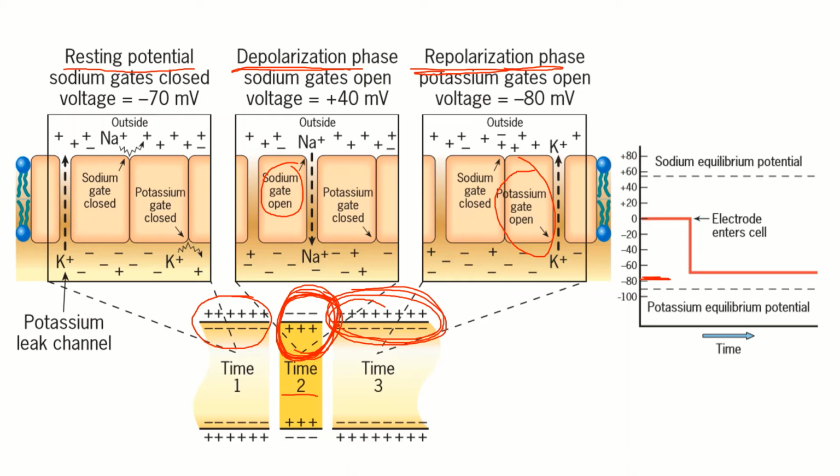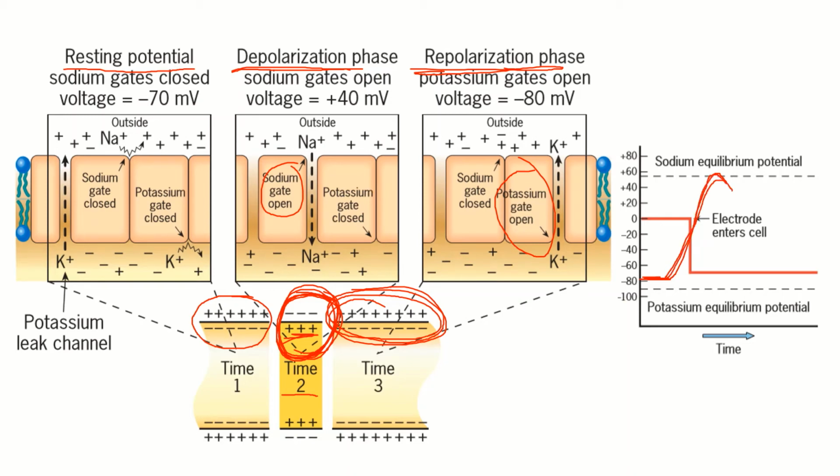But notice in time 2, when the sodium gate opens and the sodium ions go into the cell, the charge within the cell, lining the cell membrane, becomes more positive as shown here, and thus the sodium equilibrium potential is sort of achieved because the sodium ions are diffusing into the cell. And so if we continue the graph here, this is going to be going up.